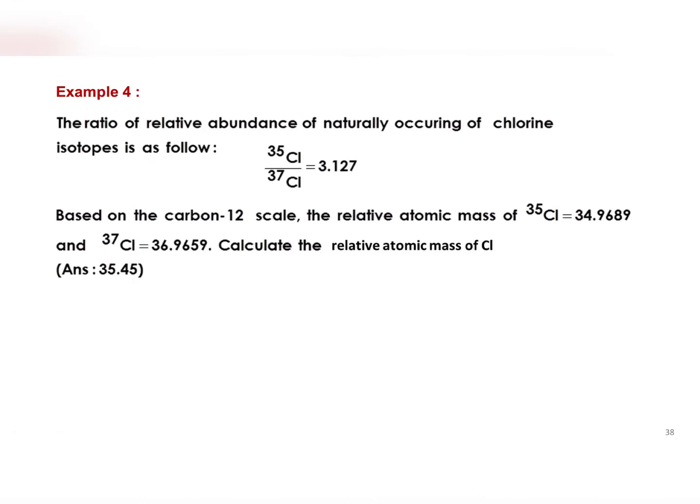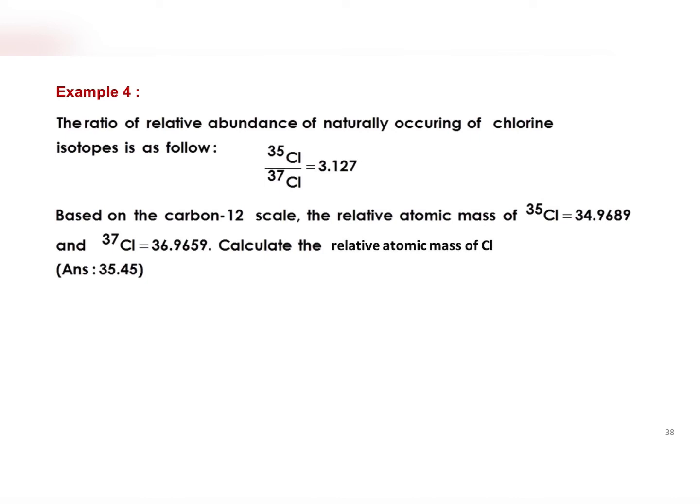Right, so example 4. The ratio of the relative abundance of naturally occurring chlorine isotopes is as follows. This question is given in the form of a ratio. Based on the carbon-12 scale, the relative atomic mass of chlorine-35 is 34.9689 and chlorine-37 is 36.9659.